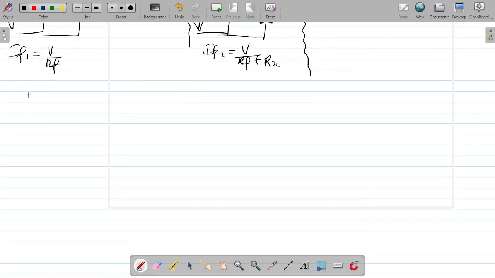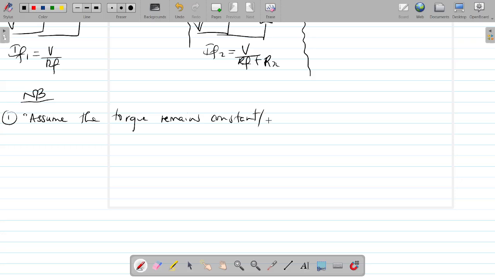The additional conditions, the last ones. They may tell you also assume the torque remains constant or the same.